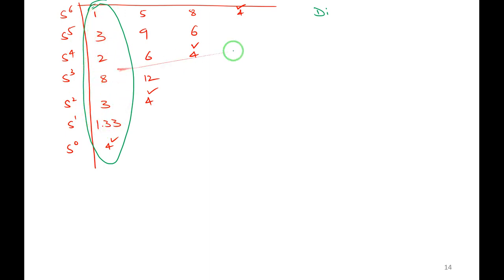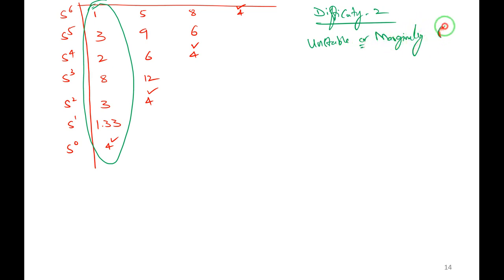Don't say like that, because difficulty 2 had come here. Difficulty 2 means the system cannot be stable at all. In any case, it may be either unstable or marginally stable. Don't go by the first column elements of the Routh array, because it can be either unstable or marginally stable.